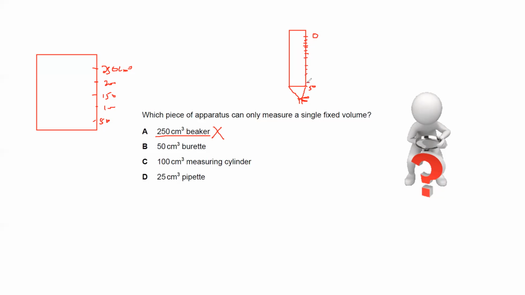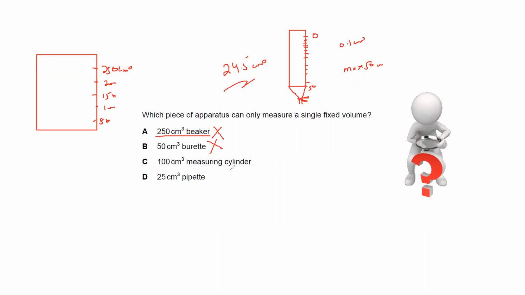We can measure a maximum of 50 cm cube, the smallest we can measure is 0.1, and we can measure values in between. For example, if I want to measure 24.5 cm cube, I can use a burette. So we can measure different volumes, not a single fixed volume. So it cannot be a burette.